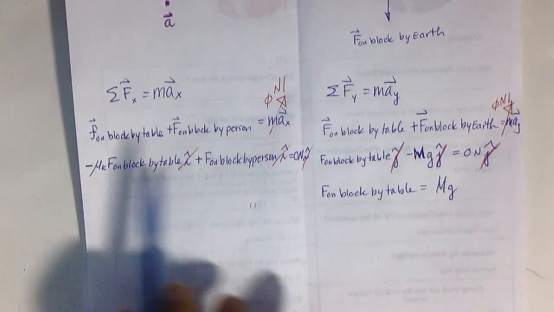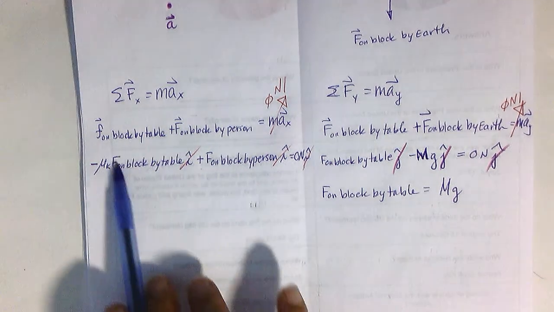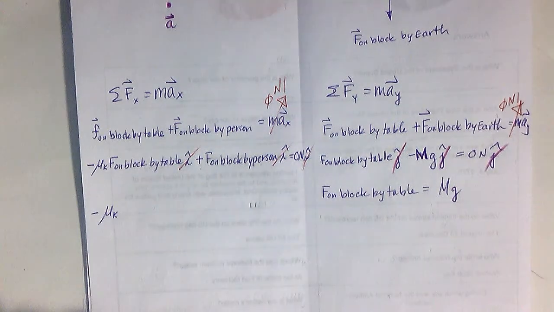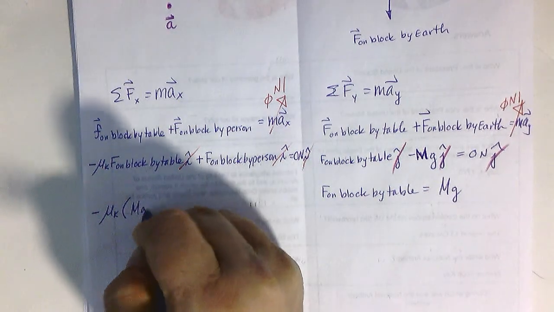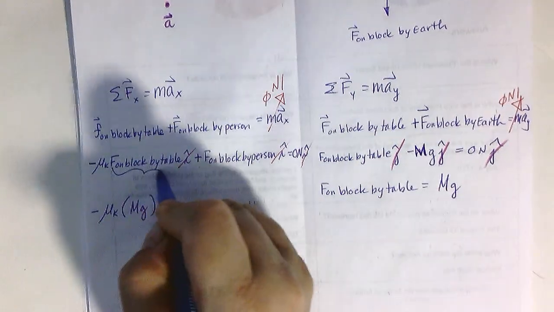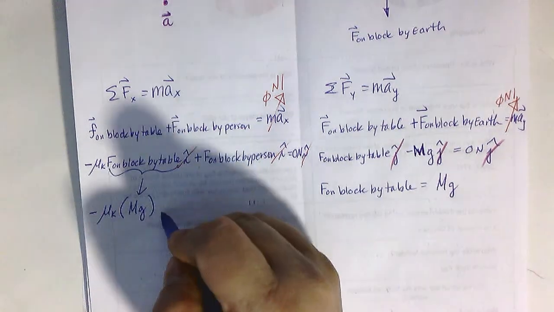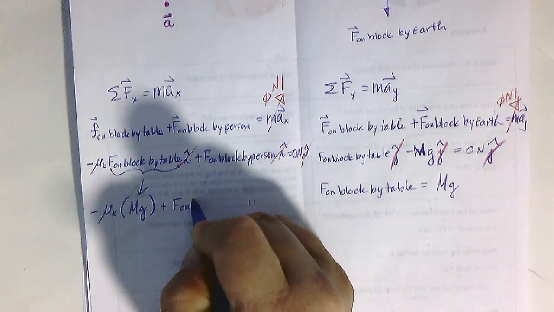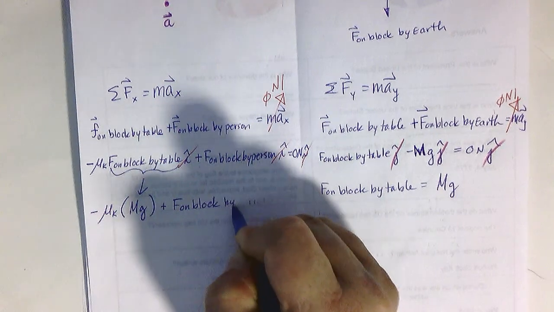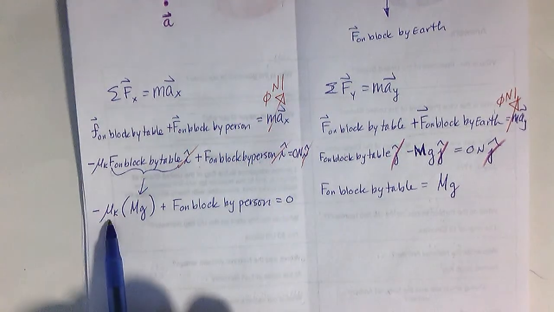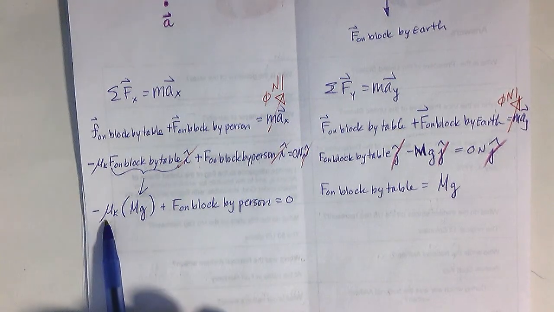Okay, so now I can substitute this in for the magnitude of the normal force here, and I end up with minus mu sub k times mg. I've replaced this with mg plus force on block by person is equal to 0. Now I can solve for the coefficient of friction.